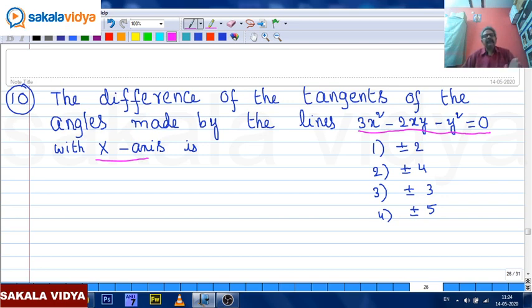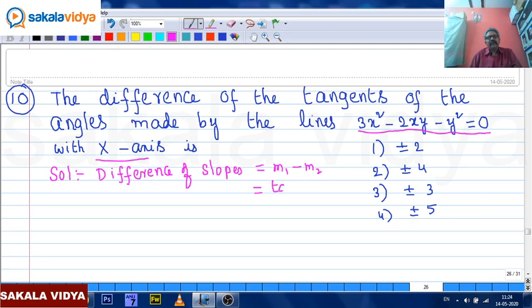Then the difference, tan theta 1 minus tan theta 2, is nothing but the difference of the slopes only. We need to find that. So this is the difference of slopes, that is equal to m1 minus m2, which in this case is tan theta 1 minus tan theta 2.